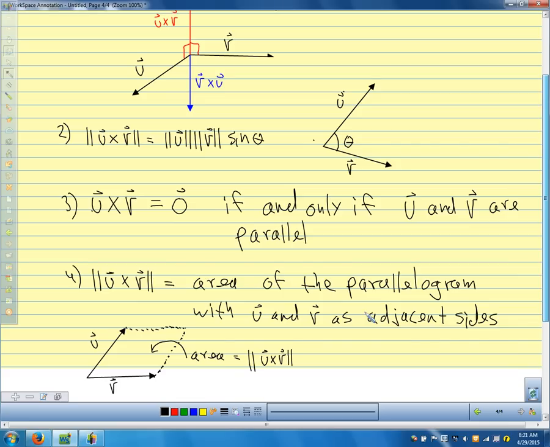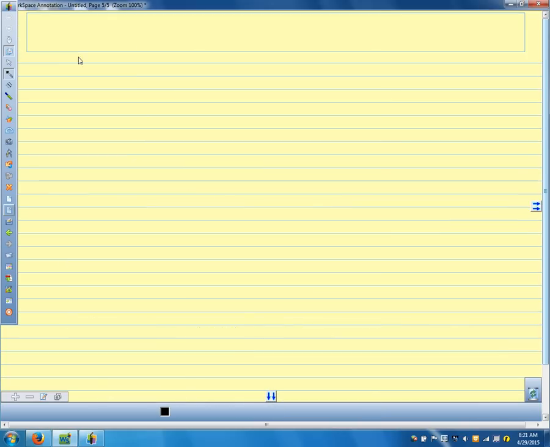All right, so I just want to do a couple of examples that have to do with these geometric ideas, and then we'll be done. All right.